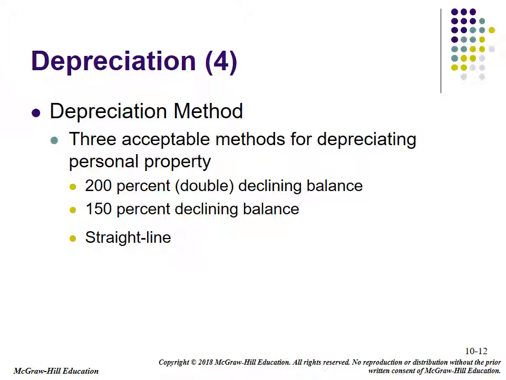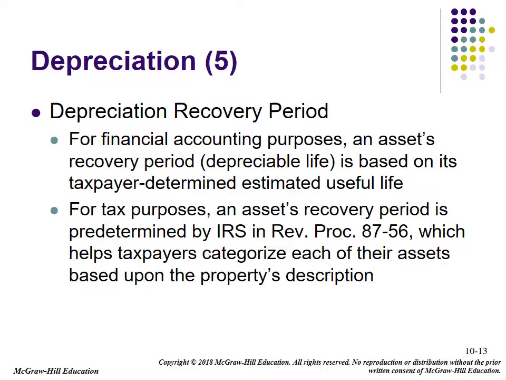If you don't want to use an accelerated method, if you want to spread out that cost evenly, you can use straight line for personal property. We're not really going to deal with straight line because most people use 200% declining balance.